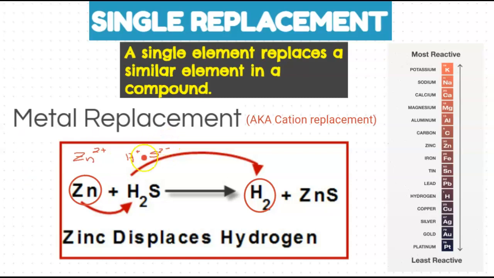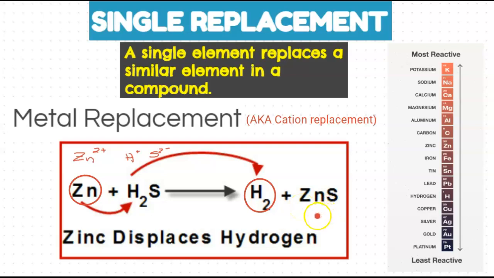Because we are replacing an element, we have to replace or switch out the 2 that are most similar. Because zinc has a positive charge and hydrogen has a positive charge, they will trade places. So hydrogen, you can see here, got kicked out, and zinc has gone into the compound.